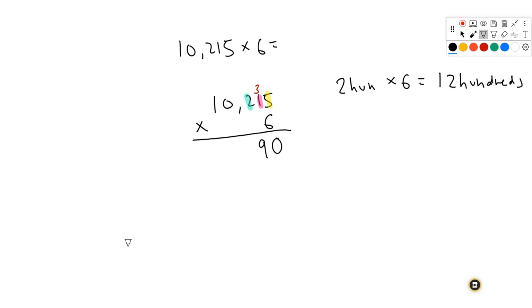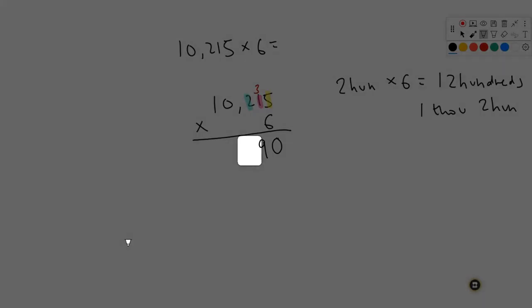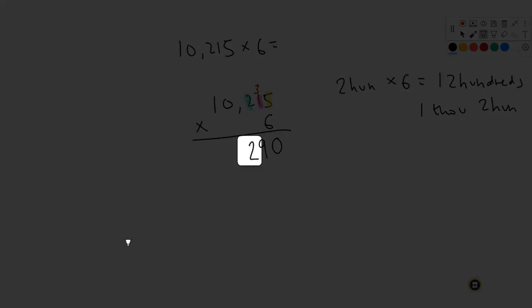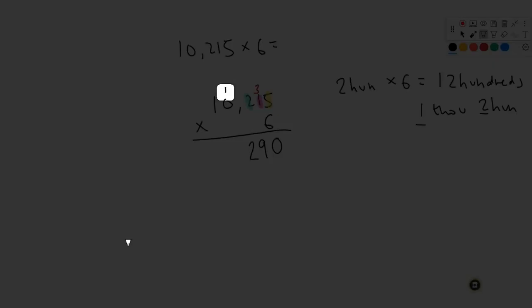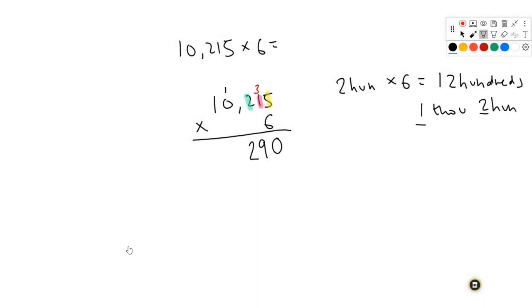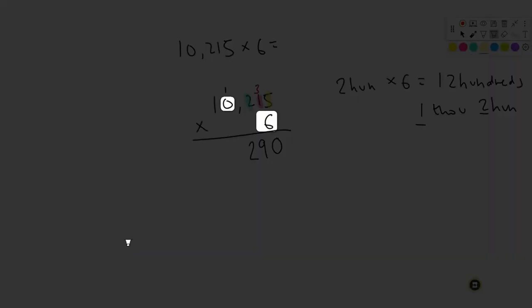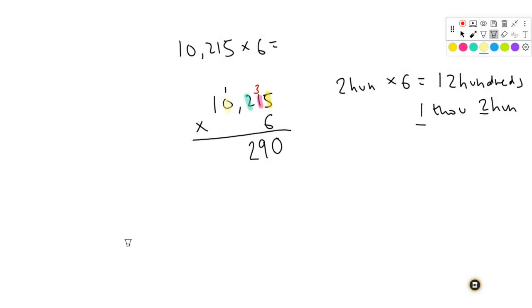And we know 12 hundredths is also 1 tenth plus 2 hundredths. So let's go ahead and write our 2 in the hundredths place, right there. And our 1 in the tenths place, we're going to carry it. Next up, we have 0 thousandths times 6, which is 0 thousandths. Now, when we're adding 0 thousandths to 1 tenth, that gives us 1 tenth. Boom.